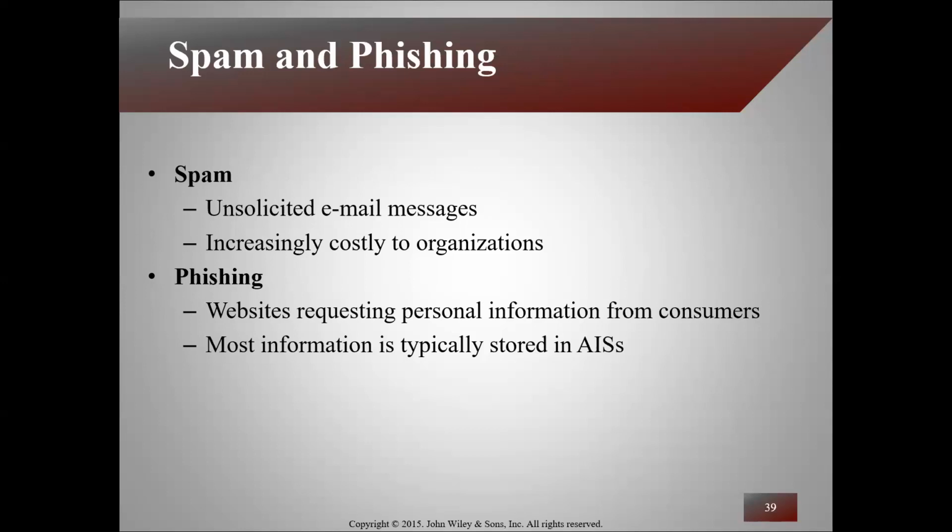Phishing means tricking users into providing valuable information such as your social security number, your debit card PIN number, or password. And they request this information on bogus websites. So you have to be extremely careful about opening emails and providing information.